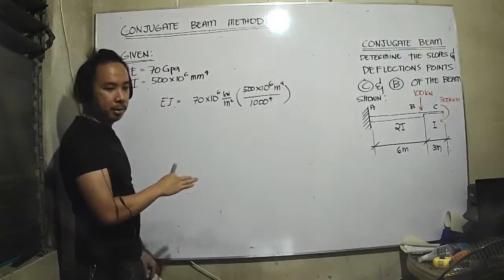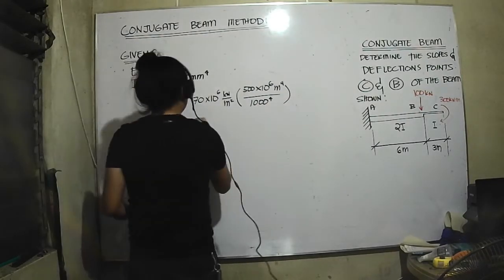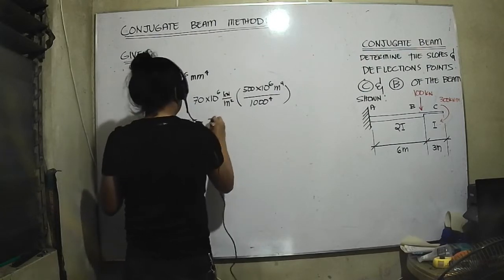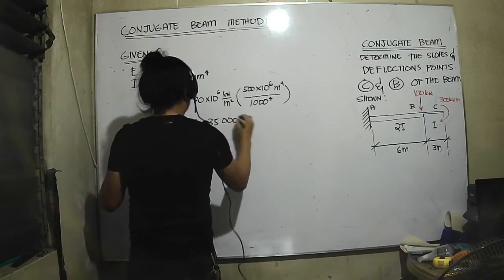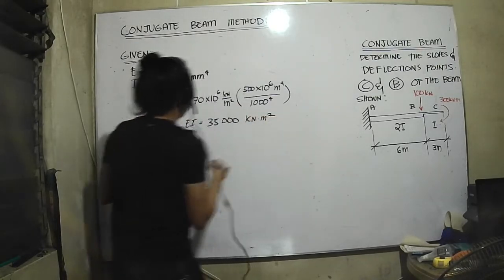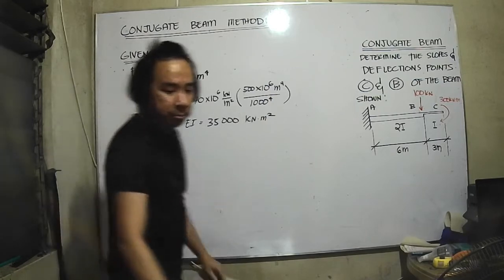So EI would just be equal to 35,000 kilonewton meter squared.